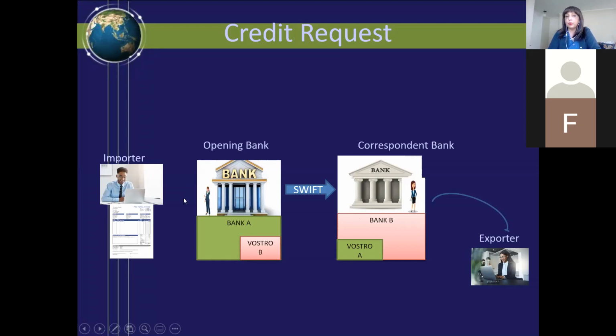And then they approve. When the opening bank approves that letter of credit application, that format becomes an official letter of credit.